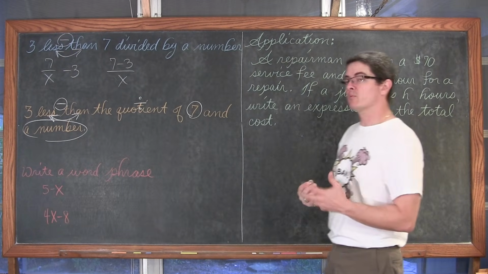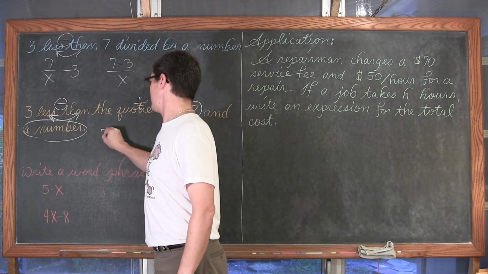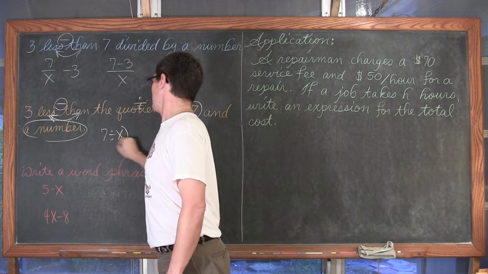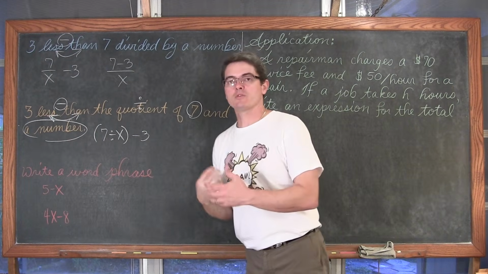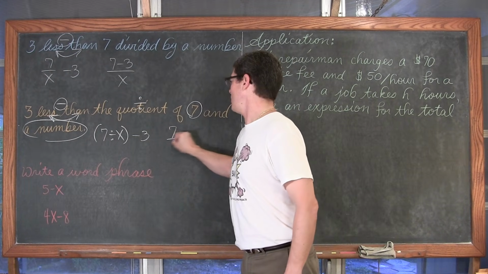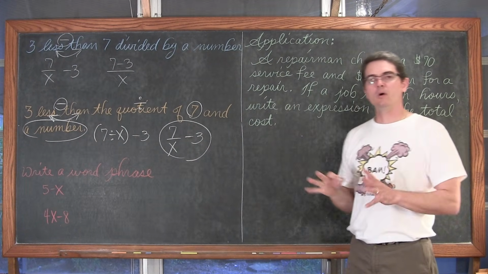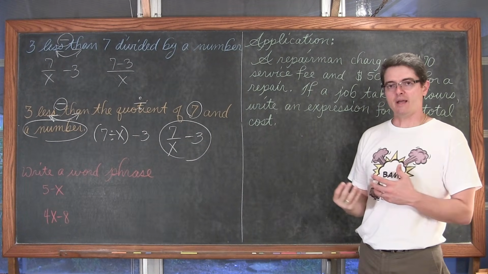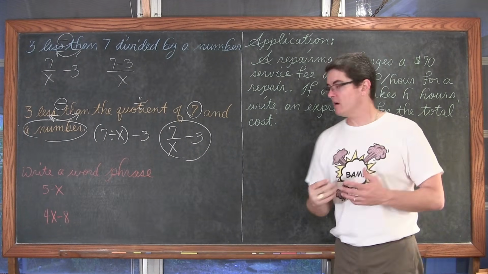So it's 3 less than the quotient of 7 divided by a number. So it's 7 divided by a number. That quotient, less than, or 3 less than that quotient, or I'd rather write this as 7 over x minus 3, and the way this is worded leaves no question as to how you need to write the final answer. Write a word or phrase of these two.